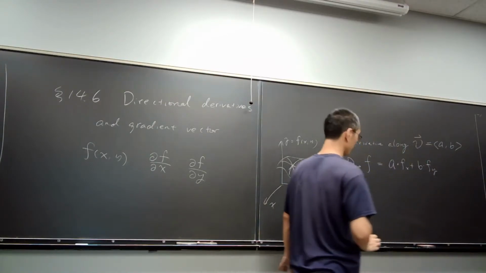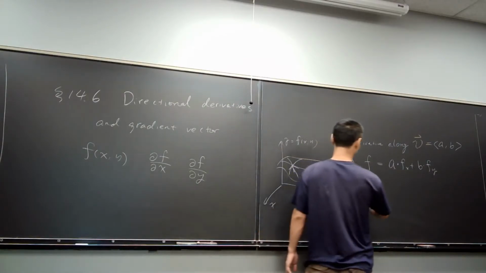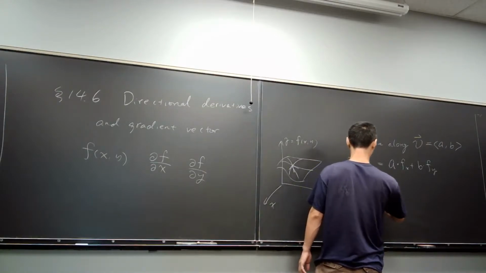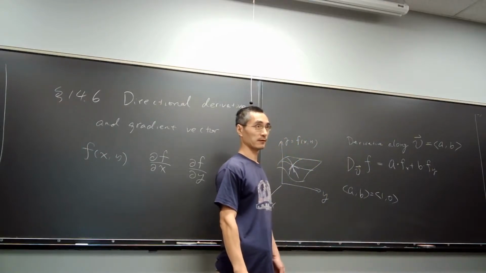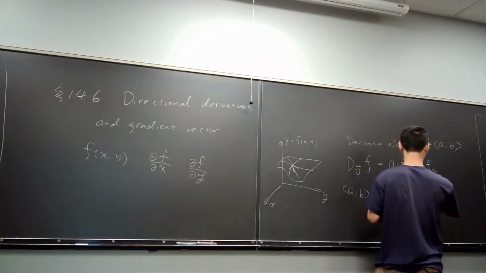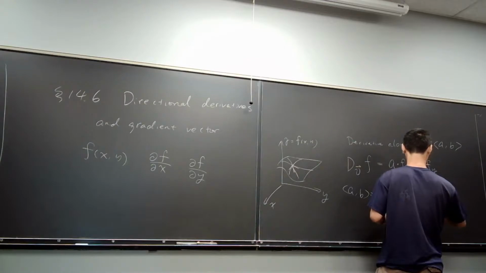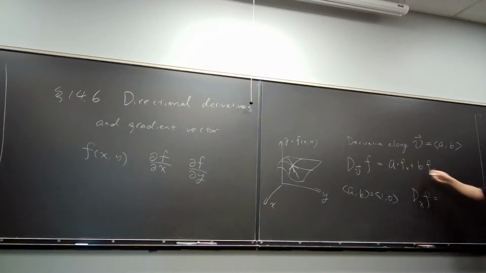Well, that's a definition, but it has a geometrical meaning. Let's take a look at the simplest example. (a, b) equals (1, 0), which means v is just in the x direction. So D_v is just the derivative in the x direction. With a equals 1 and b equals 0, it's just fx. So in the simplest case where v is just i, you get fx.